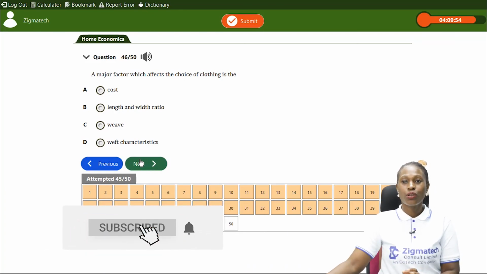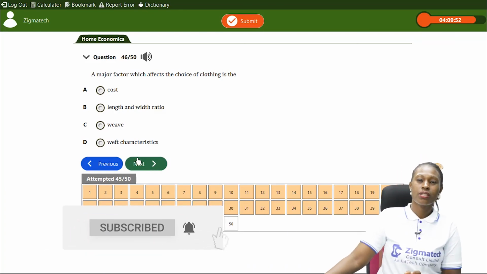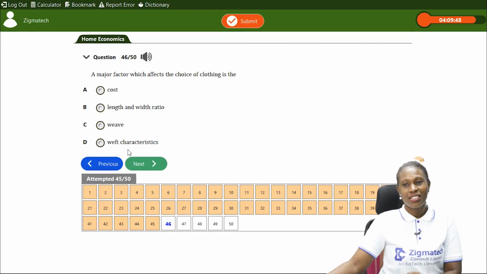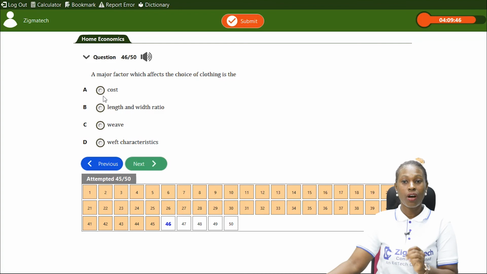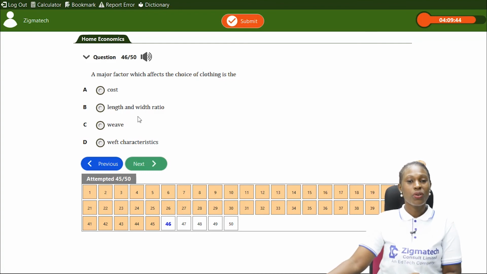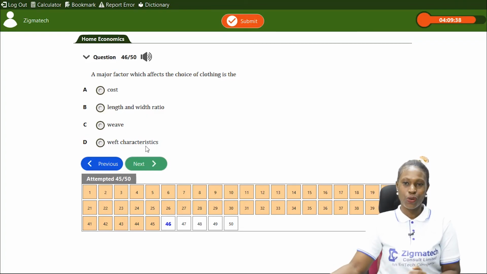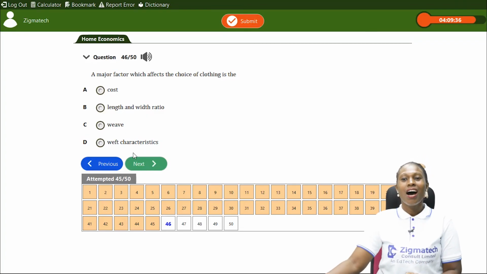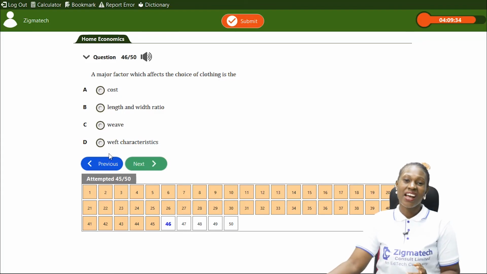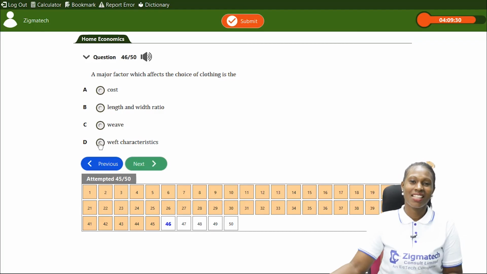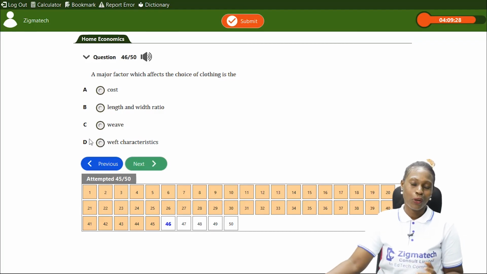A major factor that affects the choice of clothing is: we have costs, we have length and width ratio, we have weave, D, we have weft characteristics. Now, which of these affects your choice when it comes to getting yourself clothing?